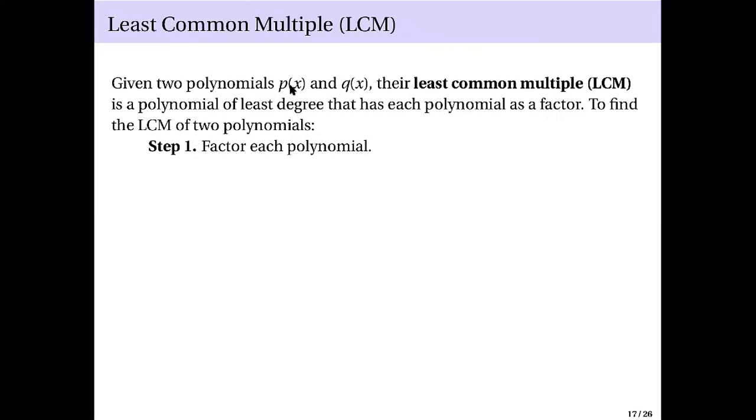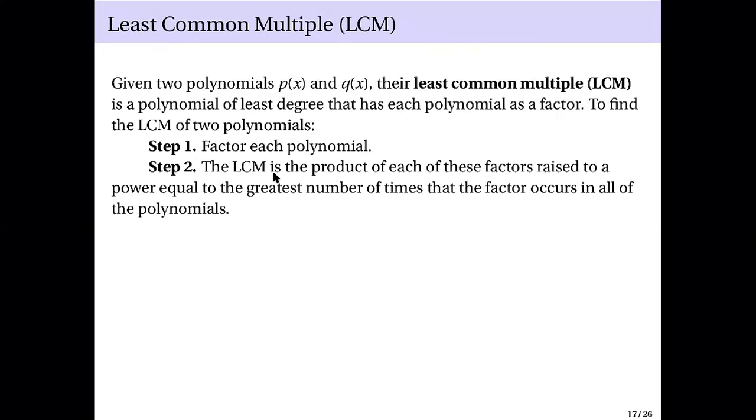So we factor q of x and p of x. Then the LCM is the product of each of these factors raised to a power equal to the greatest number of times that the factor occurs in all of the polynomials. It's a long statement, but let me try to explain it using a couple of examples here. Okay?